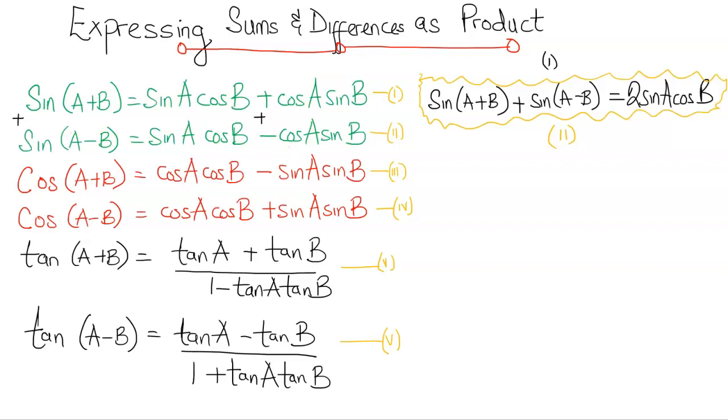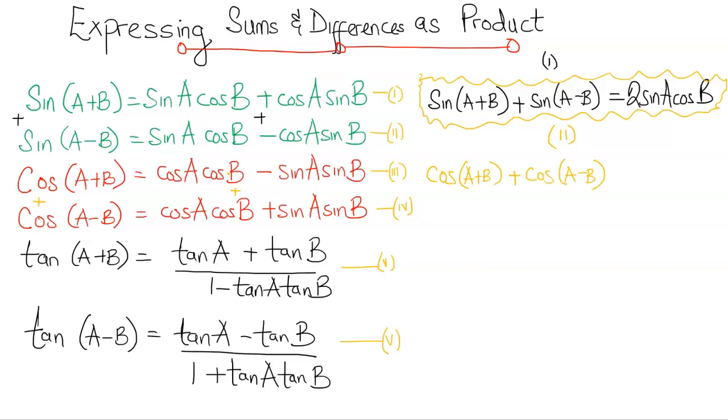If we add equations 3 and 4, this is equation 3, cos (A plus B), and equation 4, cos (A minus B). If I choose to add, then the left side gives cos (A plus B) plus cos (A minus B).